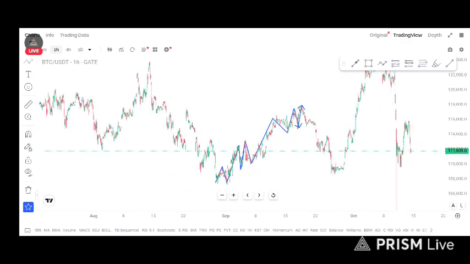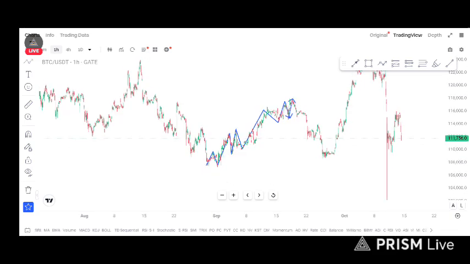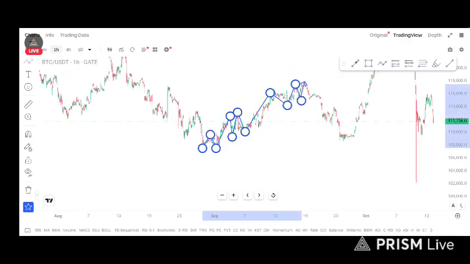In our next section, I'll be talking about pullbacks, continuations and time frames, so that you understand when a pullback is over and when a continuation is about to happen, because it's in that continuation that you catch your trade and start trading. It's going to be a lot of fun in the next session, so let's get to it.